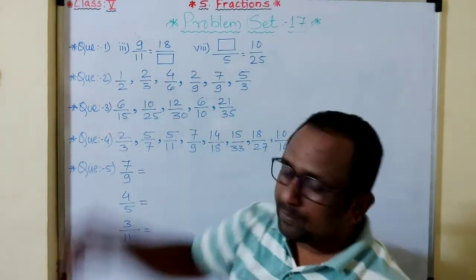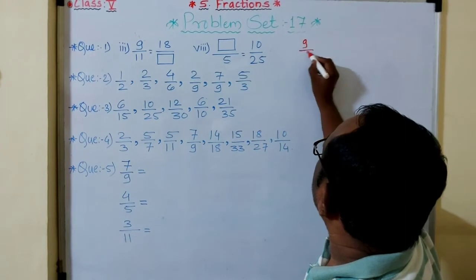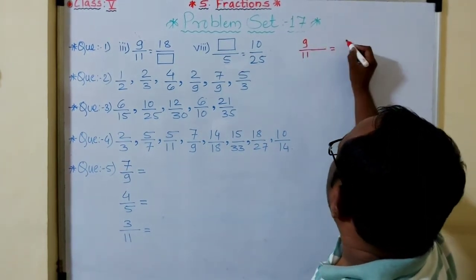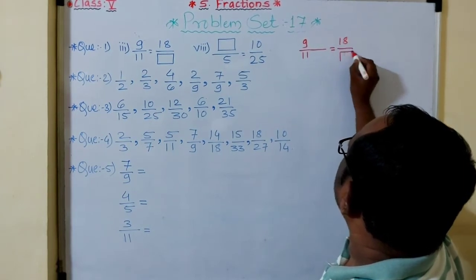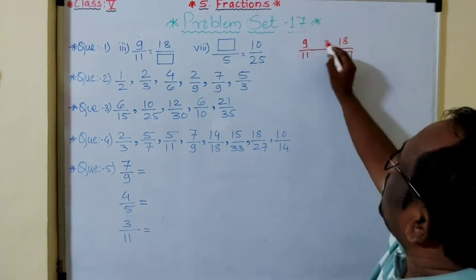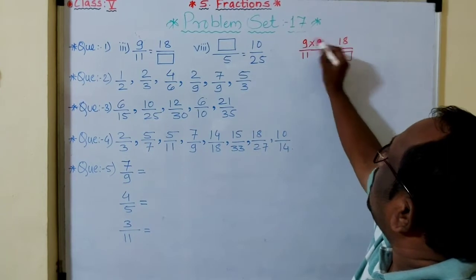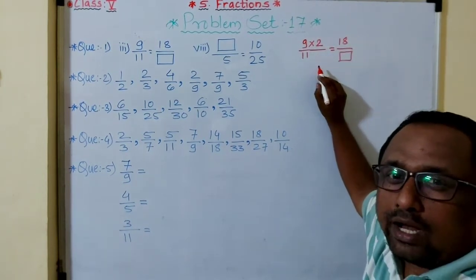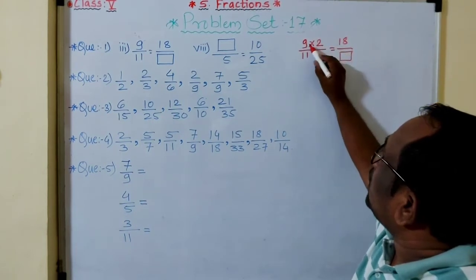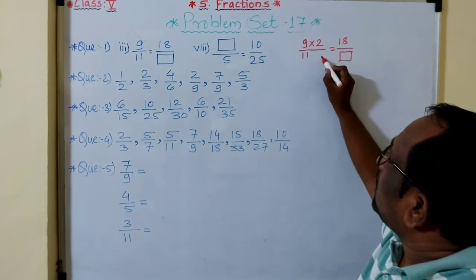Now here 9 upon 11 is equal to, now 18 and box is given. So here we have to find by which number we multiply 9 to get 18. So 9 2s are 18. And I told you the rule, when you multiply a number to the numerator, you have to multiply the same number to the denominator.